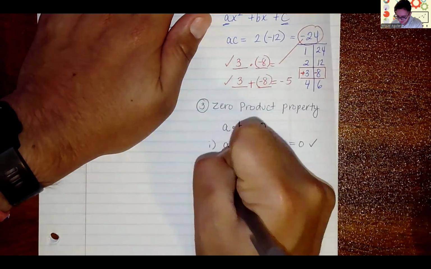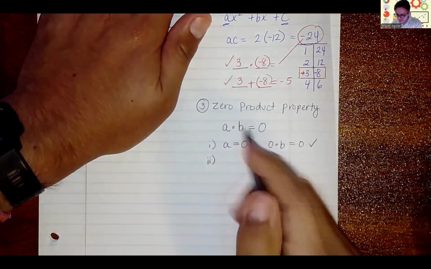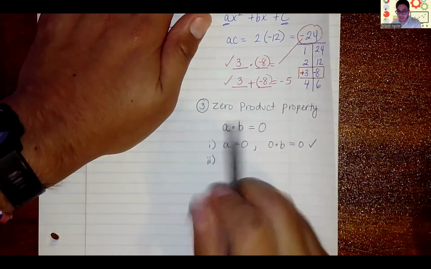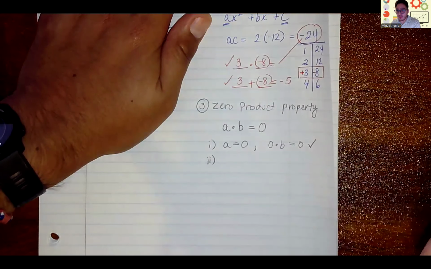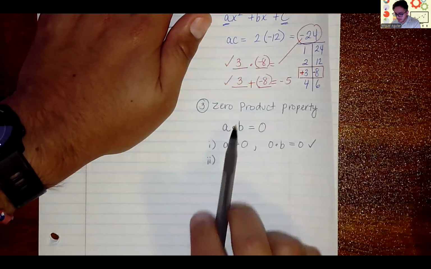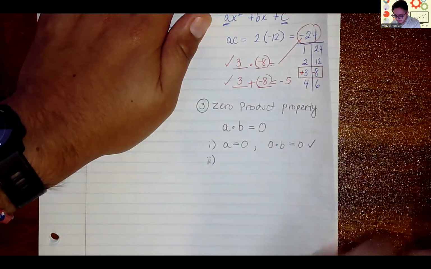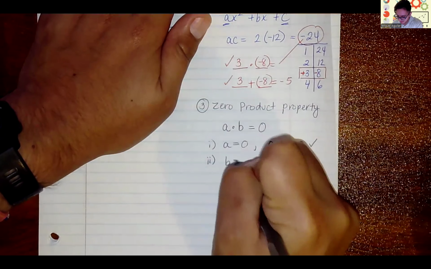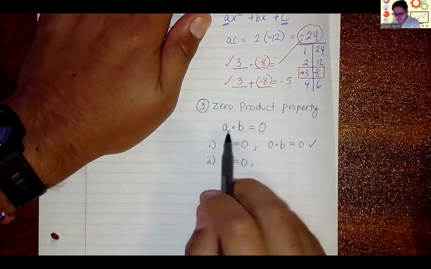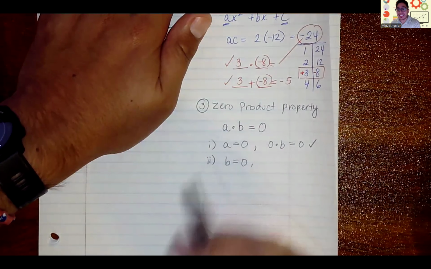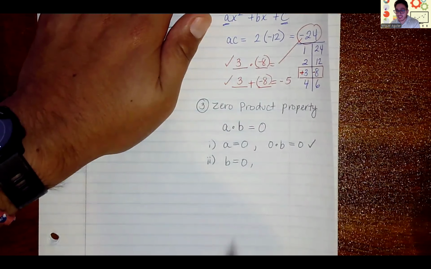So it's possible that A is equal to 0. But there's a second scenario here, and that is, let's assume that A could be anything, right? Any non-zero number. You multiply it by B, and you get as your product 0. Well, that means that B would have to be 0, right? Because the only way you're going to get two numbers to multiply to make 0 is that one of them has to be 0.